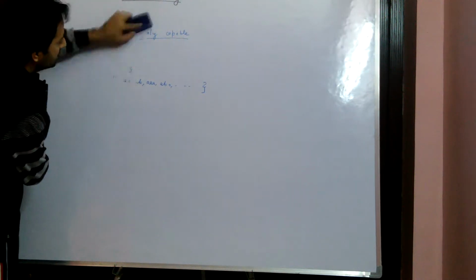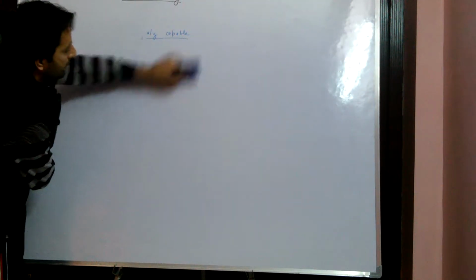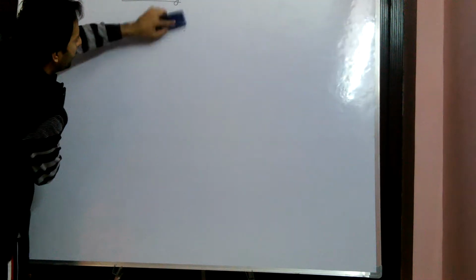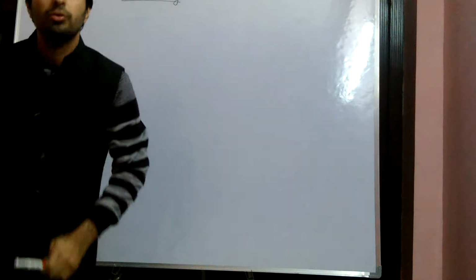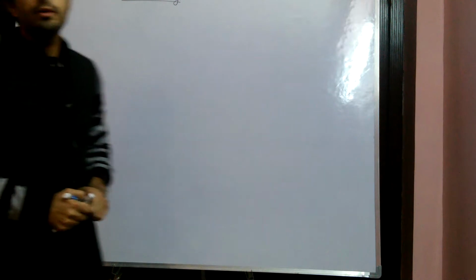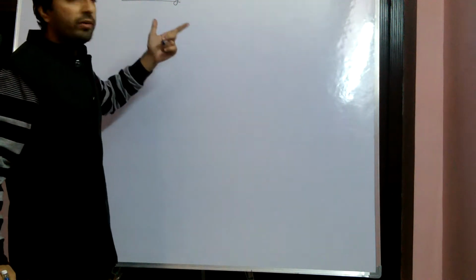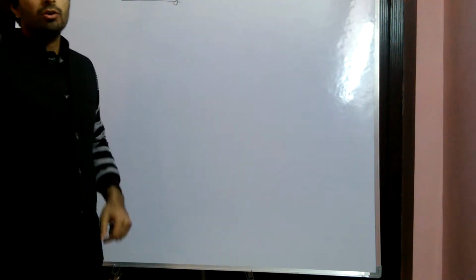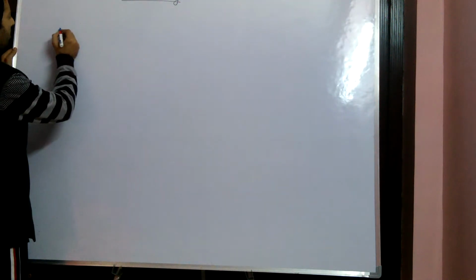The example discussed in the previous class was a language which was infinite. There were infinitely many strings starting with the alphabet A, but we can also have a language that has a finite number of strings belonging to it. Suppose somebody asks us to draw a finite state automaton for the string A only.